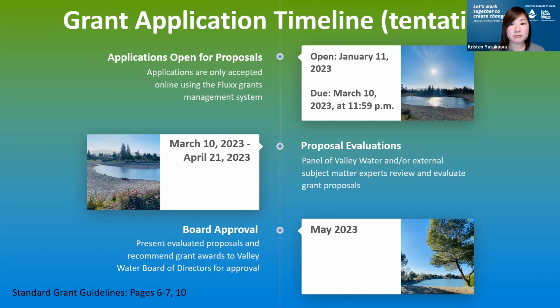So the 5 project types, they will review the applications using the criteria that's in the standard grant guidelines with those points. Their average score will make up the score for that application. Then we will use those average scores against each grant funding allocation matrix to make the percentage of funding recommendation to the board. That staff recommendation will go to the board in May of 2023 at a public board meeting, and our Valley Water Board of Directors will make all of the award decisions at that time.